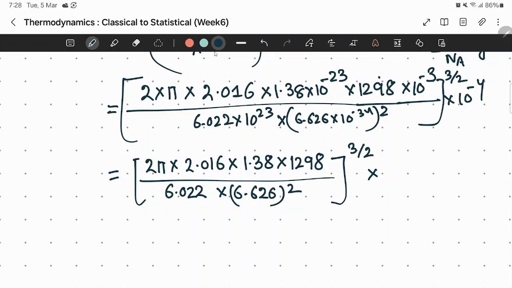Okay, so let us do it in the calculator. There is no other way around. We can't do it without using a calculator.